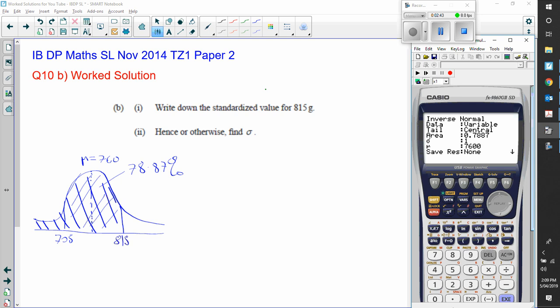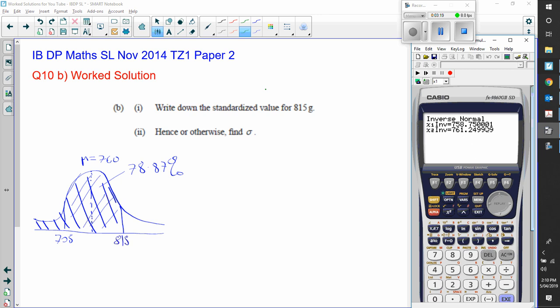Execute. This has given us the Z score for both these regions, for 705 and for 815, because these are equal distances away from the mean.